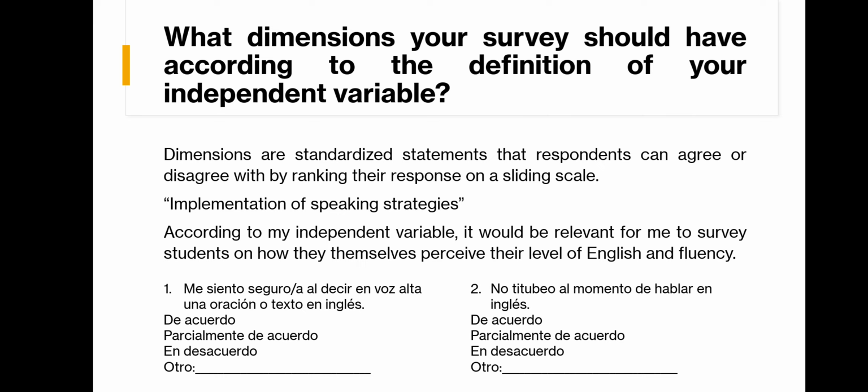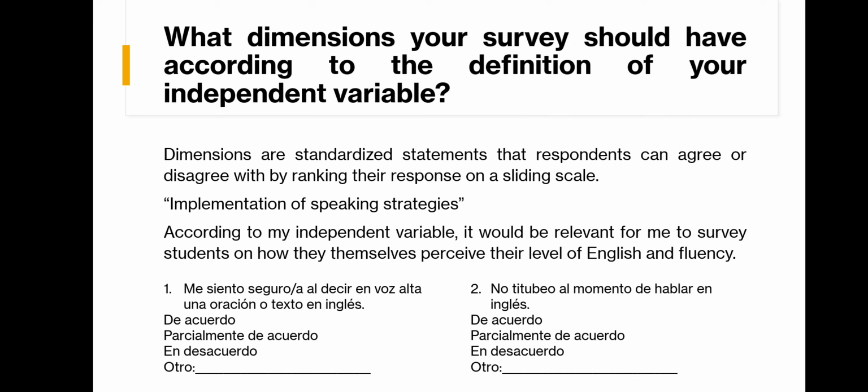According to that, it would be relevant to apply a survey to the students to discover how they perceive their level of English and fluency. Why? Because I can compare what the students think about themselves and their real level of English and fluency, information that I can obtain through a fluency test.